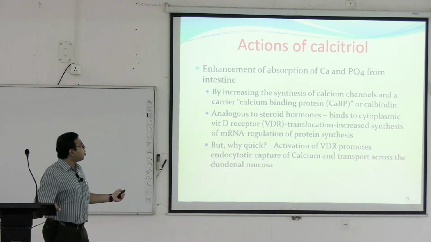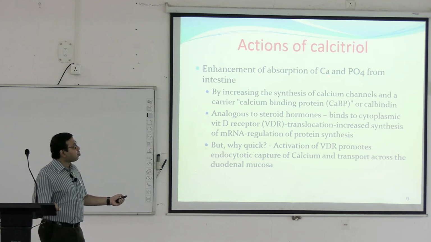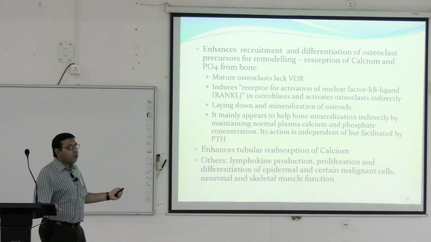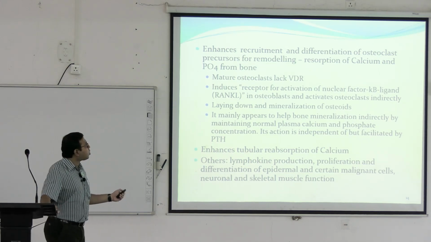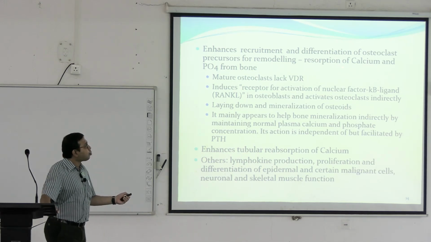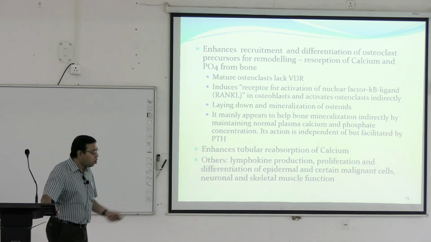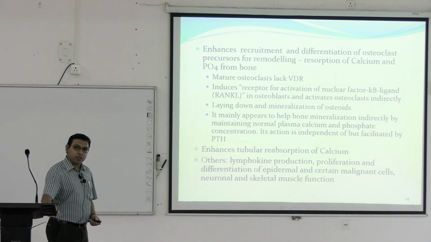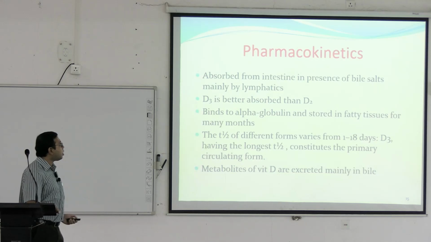This is important: it enhances absorption of calcium and phosphate from the intestine; it enhances the recruitment and differentiation of osteoclast precursor cells for bone remodeling so that resorption of calcium and phosphate from bone happens; and it enhances the tubular reabsorption of calcium in the kidney.